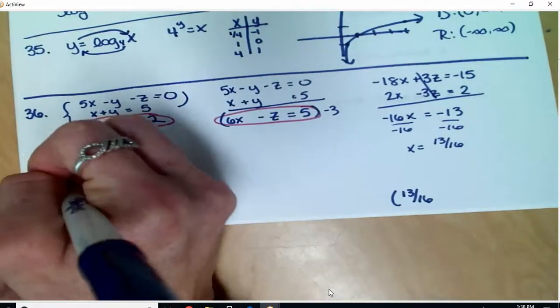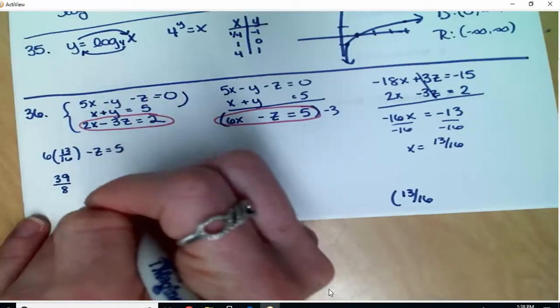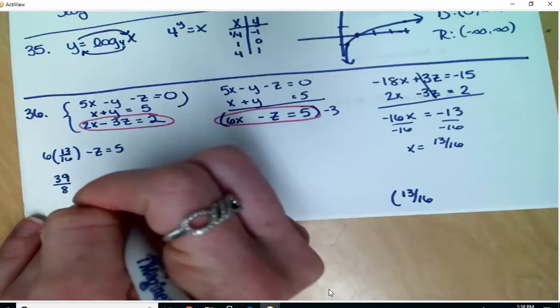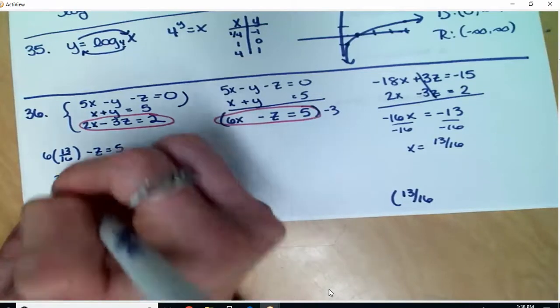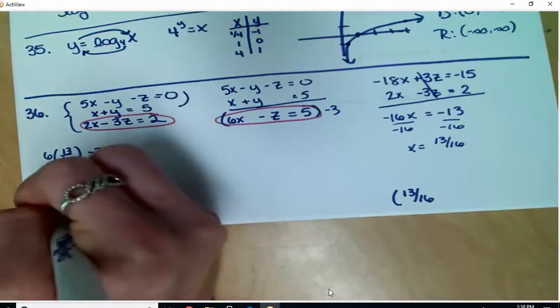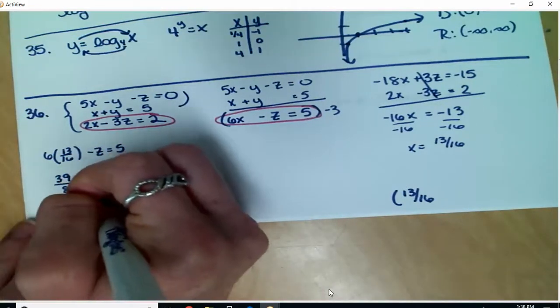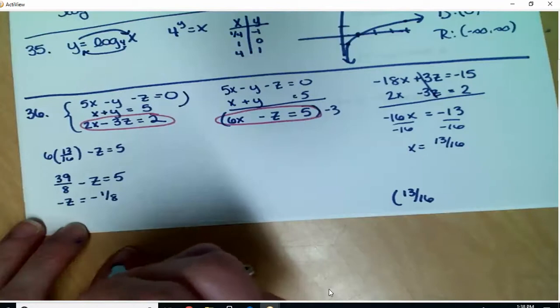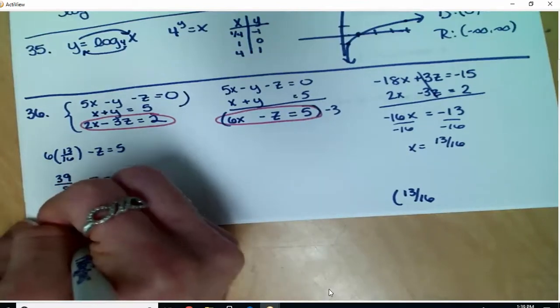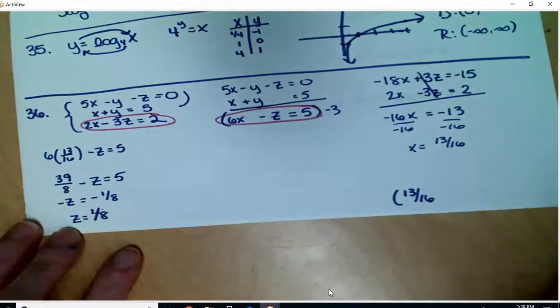What does that give me? 39 over 8. Is that right? You guys checking me? Minus z equals 5. If I subtract over my 39 over 8, get a negative 1/8. Divide by the negative, so z is positive 1/8.